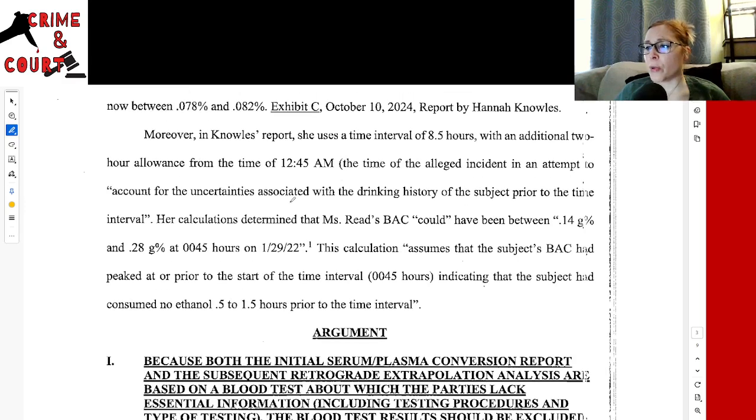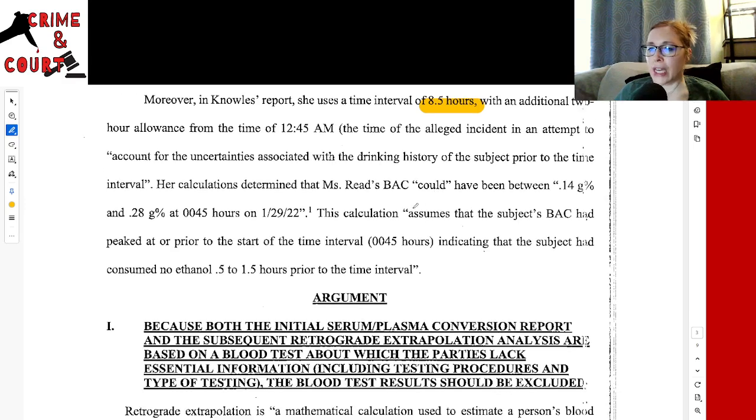However, in Knowles's report, she uses a time interval of 8.5 hours with an additional 2-hour allowance from the time of 12:45, the time of the alleged incident, in an attempt to account for the uncertainties associated with the drinking history of the subject prior to the time interval.